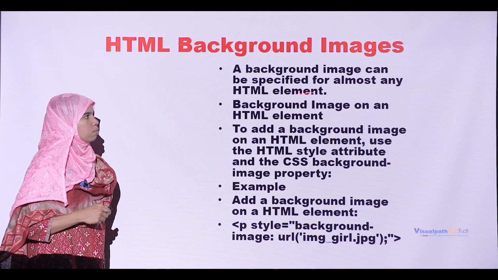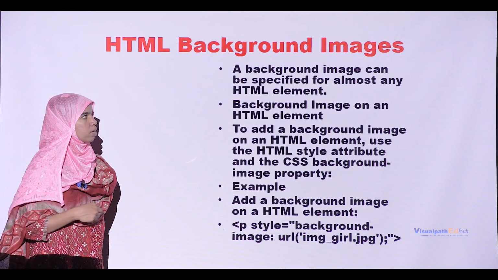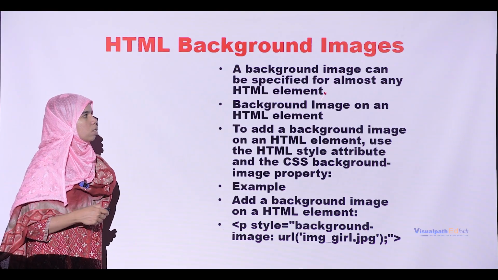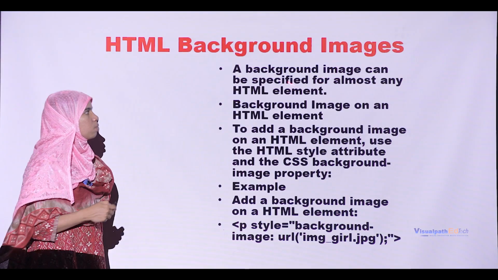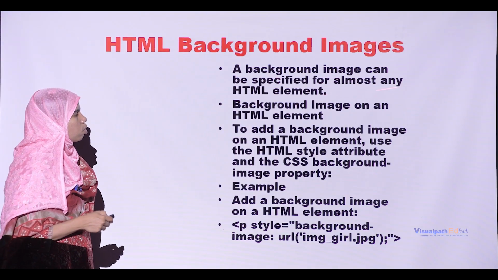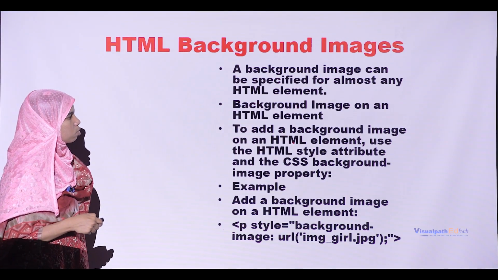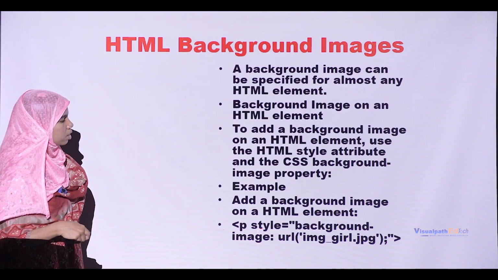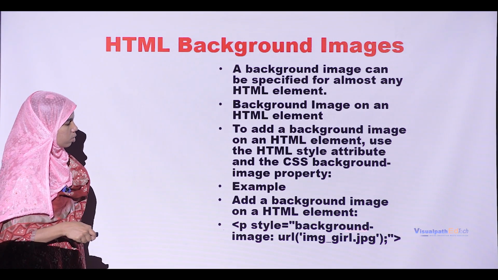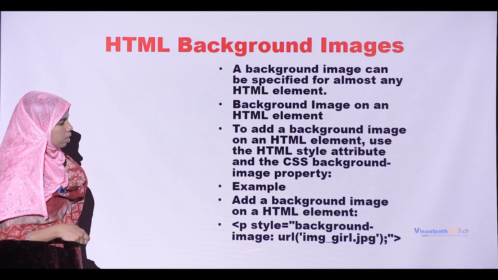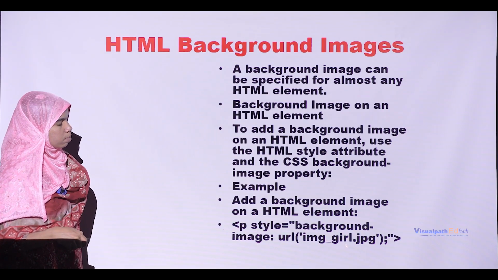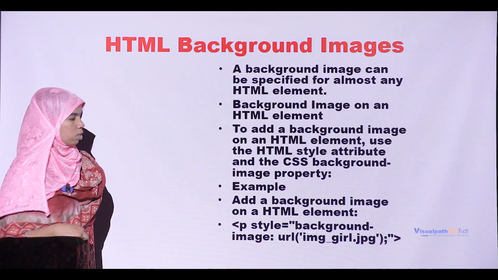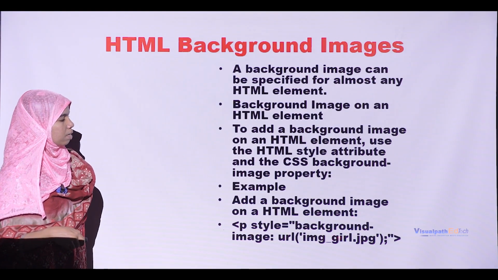When we want to display anything onto the background of the website or web page, you will be using either images or colors. For a background image, for almost any HTML element, you will be using it within the styles. For example, in this paragraph, styling for the background, there should be some background image, whatever URL you are specifying. That background image will be picked and displayed if it is available on that particular source drive.